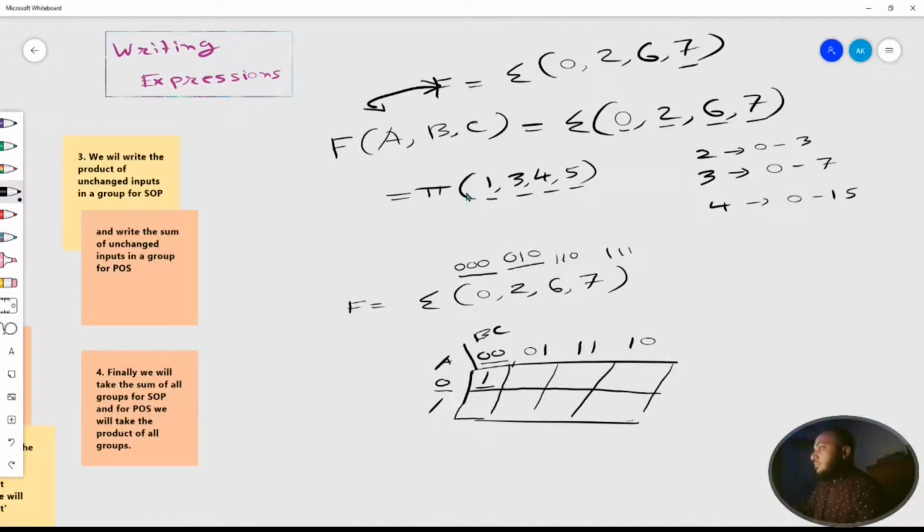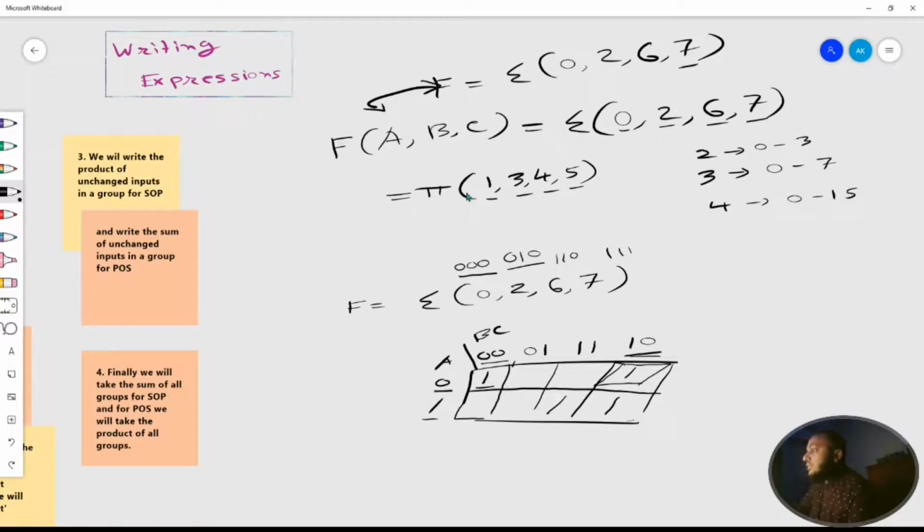For 0 1 0 we have 0 here, the first row, and we have 1 0 in the fourth column, and this indicates this box, so we will put 1 here. Similarly for 1 1 0 we will put 1 here, and for 1 1 1 we will put 1 here.